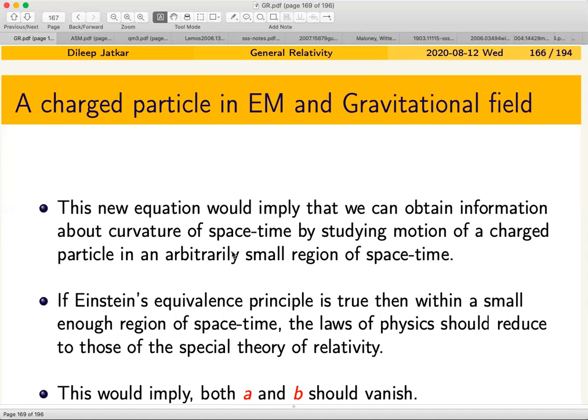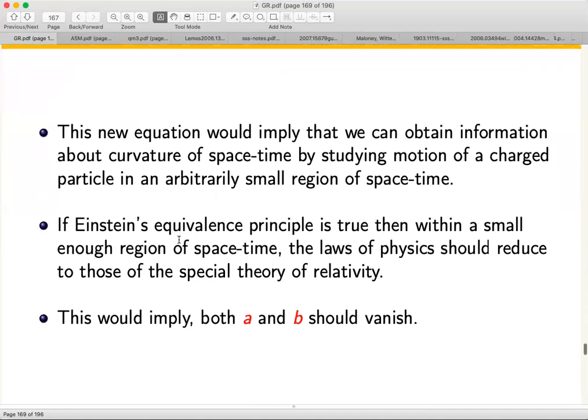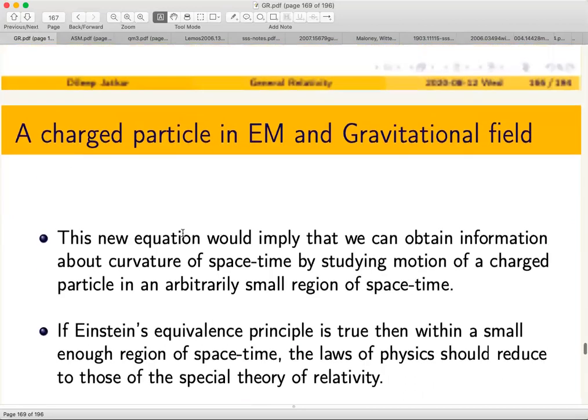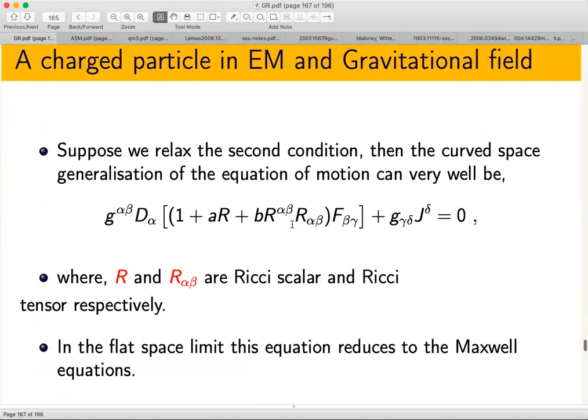So you shouldn't be able to figure out any information about the curvature of space-time. If you are going to stick to Einstein's equivalence principle, then you would be essentially forced to set A and B both to zero, where A and B were the coefficients of the Ricci scalar and the square of the Ricci tensor term in this equation.